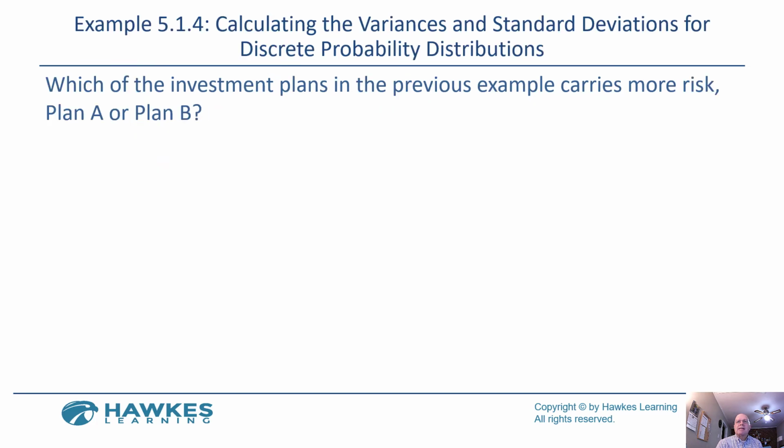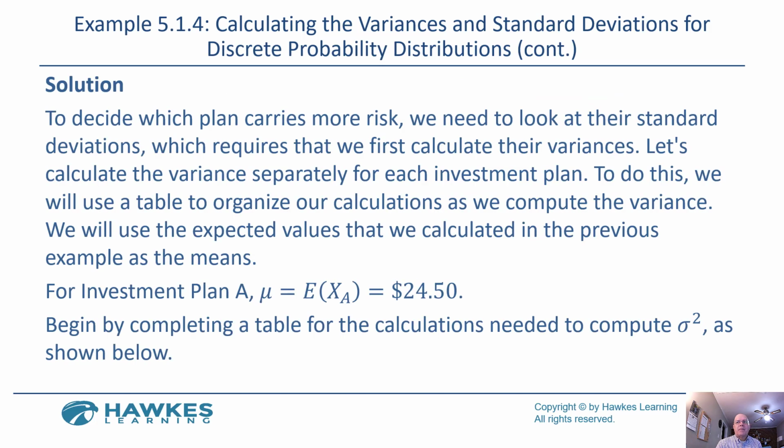Which has more risk? There's where the standard deviation comes in. The more standard deviation, the bigger the risk. So just go back to your calculator. It should still be in there. Run one variable stats again, or you can go to variables under statistics. You can pick out your expected value and your standard deviation right there.